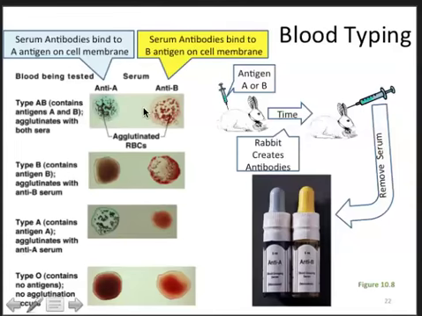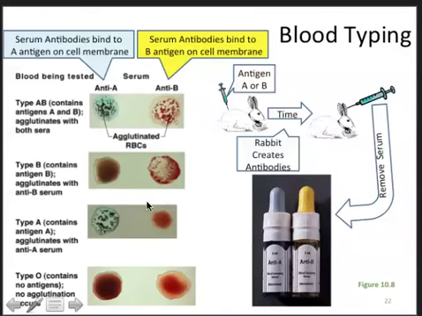So that individual obviously has both the A and B antigen on the surface of their red blood cells. The result is that that individual is type AB blood. Down here you can see agglutination in the B well, but not in the A well. The sample that's treated with the anti-A antibody does not agglutinate. The sample that's treated with the anti-B antibody does. And so this individual is going to be type B.